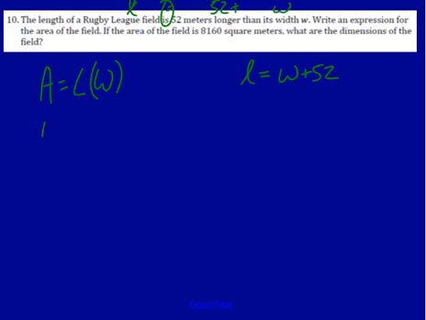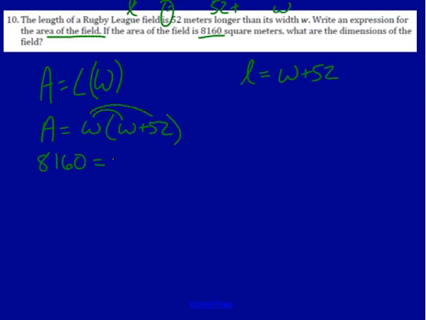Well, then I'm going to go here and write W times W plus 52. Well, I also need to know that the area of the field is 8160. So area is 8160.